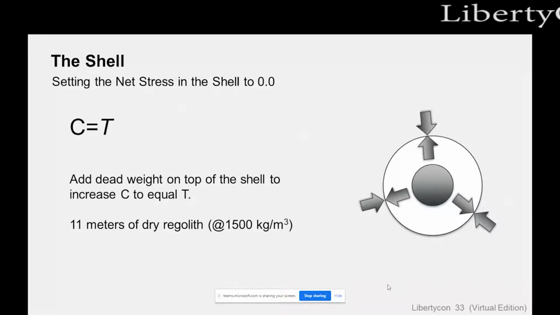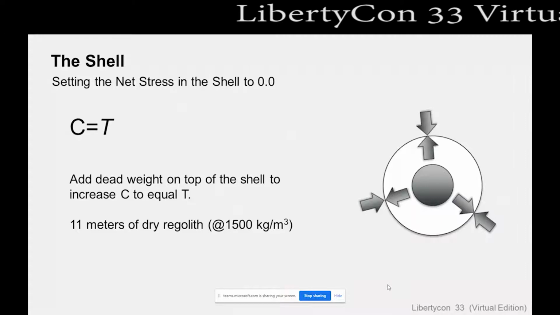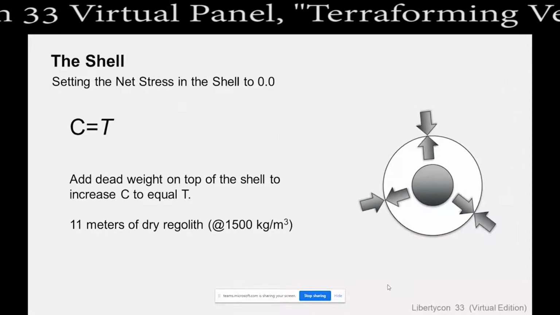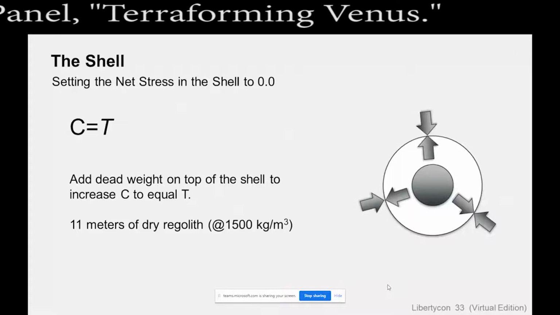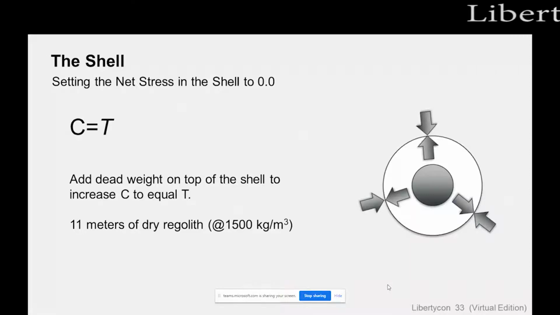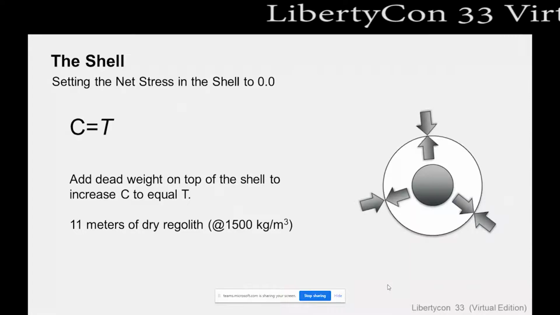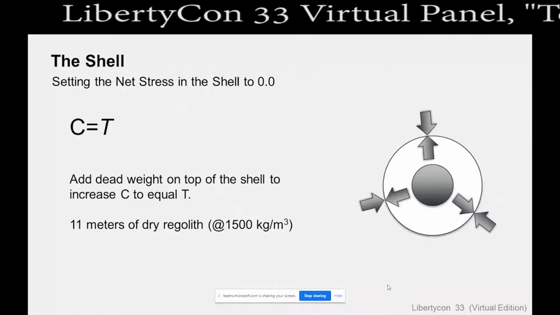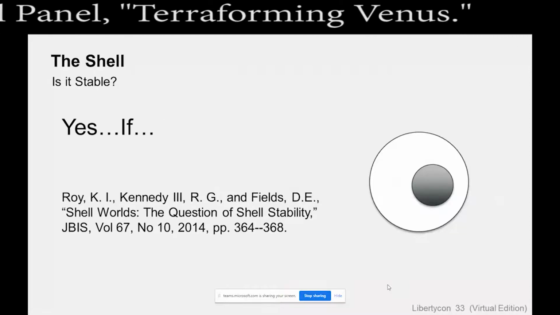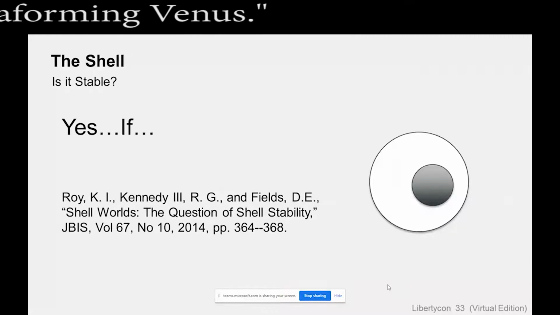In this case, it turns out that if we add 11 meters of dry regolith to the top of the shell, the forces exactly equal out. The net stress within the shell is zero, or really close to zero. And so we do have the possibility of building a shell that will withstand the forces that the planet will impose on it. But the question comes up: okay, if you build this thing, is it stable?